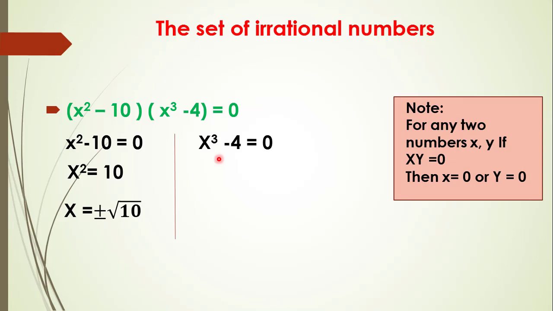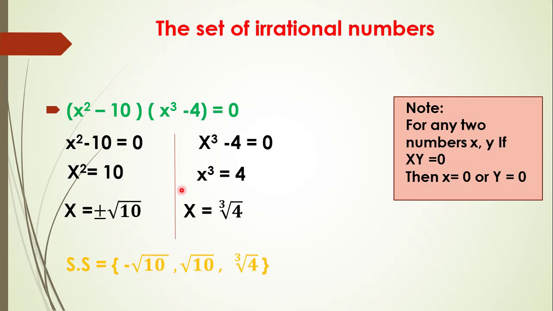So I move negative 4 to the right-hand side with a positive sign. So x power 3 equals 4. Now we have power 3, so I'll take the cube root. So x equals the cube root of 4. So the set of solutions is negative root 10, positive root 10, and the cube root of 4.